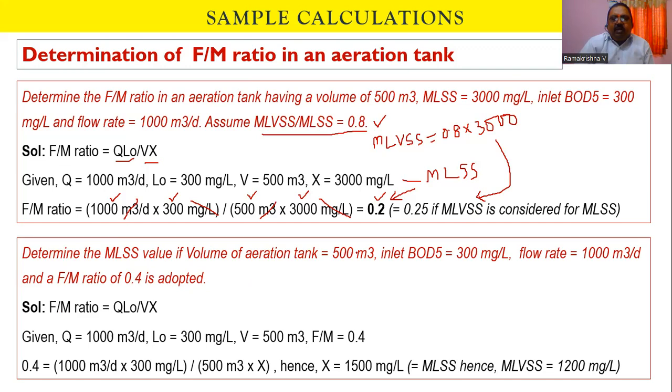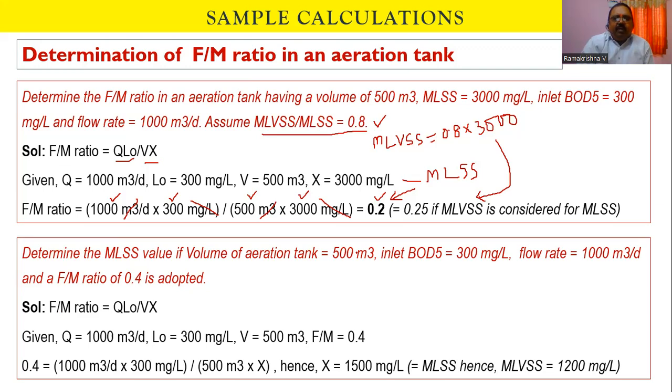Why do we have to consider these differences? Because MLSS consists of a number of different types of solids: organic solids, that is volatile solids, some inert material, and some dead cells. So many things are there. So MLVSS represents the active biodecomposable or biodegradable material present in the MLSS.